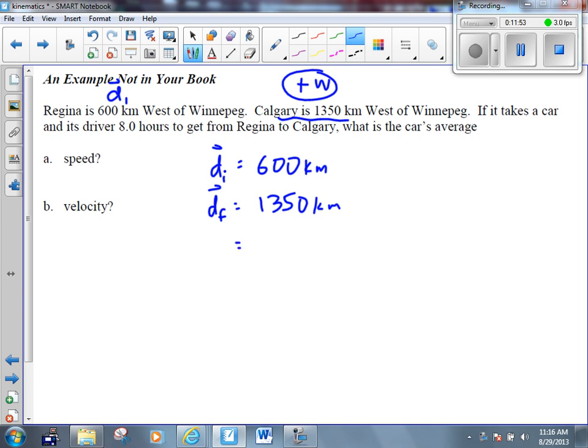And since we defined west as positive, we're going to leave that as a positive value. Now, yesterday when we wrote out that chart of the different variables, position, time, distance, and so on, we said that there's actually two symbols for time. There's T and there's delta T. This one's going to be a delta T because this 8 hours is a time interval, right? 8 hours has gone by during my trip from Regina to Calgary.